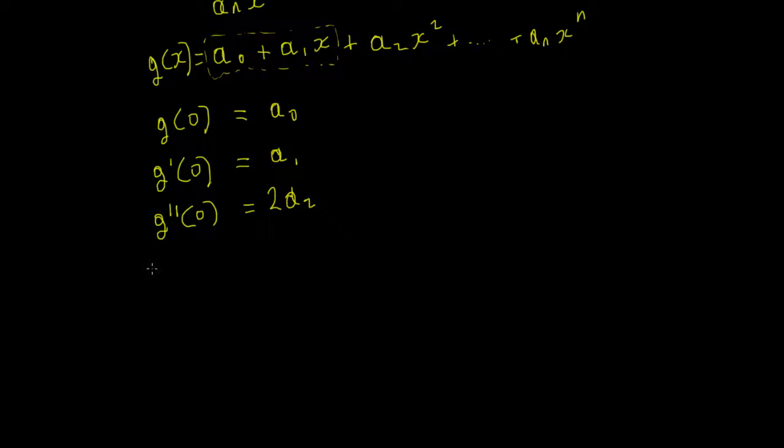So if we put in g3, representing the third derivative, of 0, you would have 6a3, and g4 of 0 would equal 24a4.